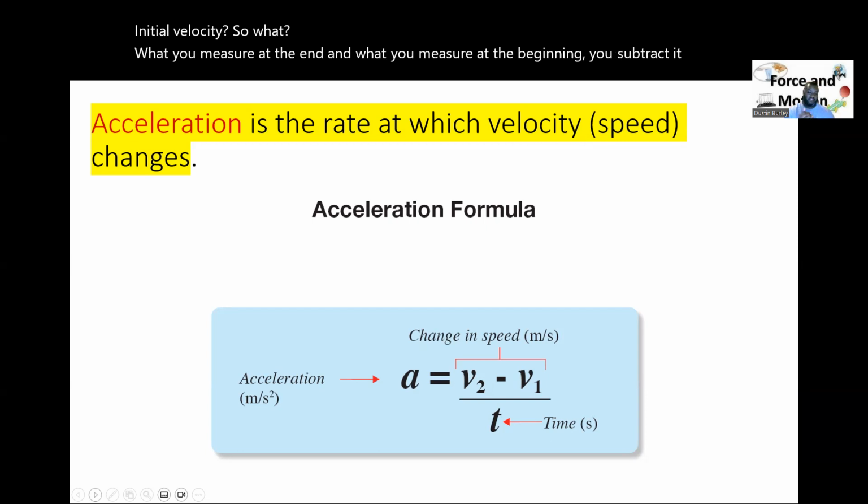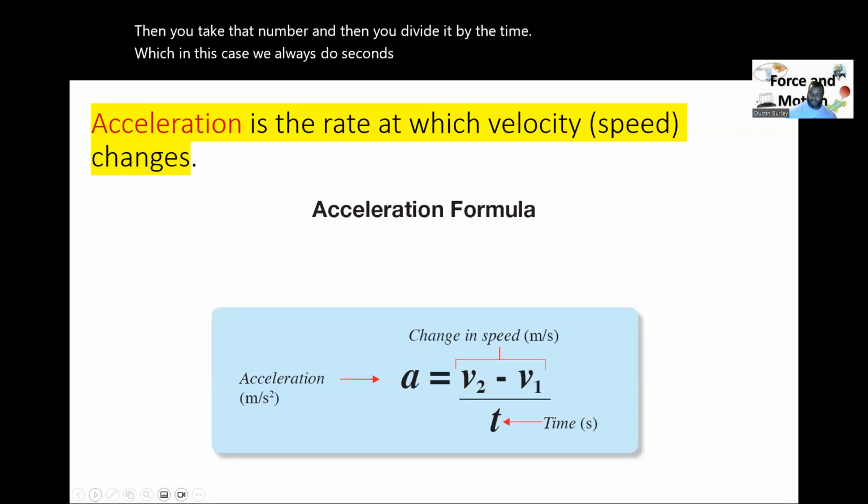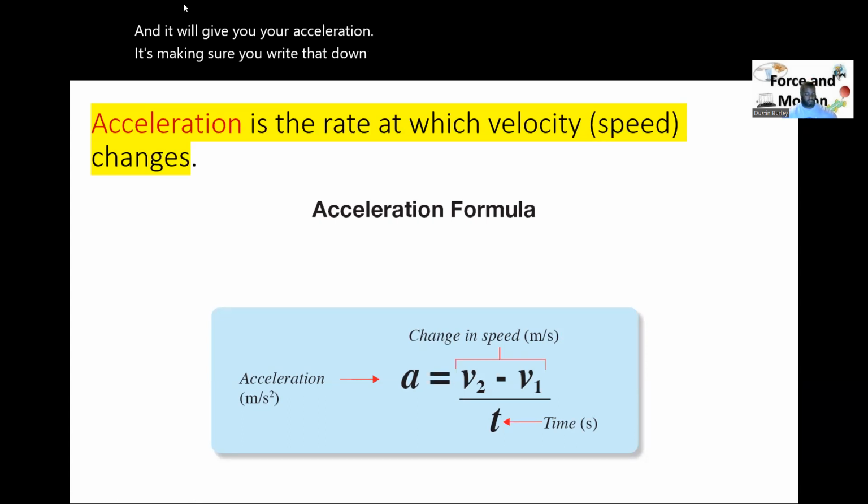Then you take that number and divide it by the time, which in this case we always do seconds, and it will give you your acceleration. So make sure you write that down real quick. Only the highlighted part.